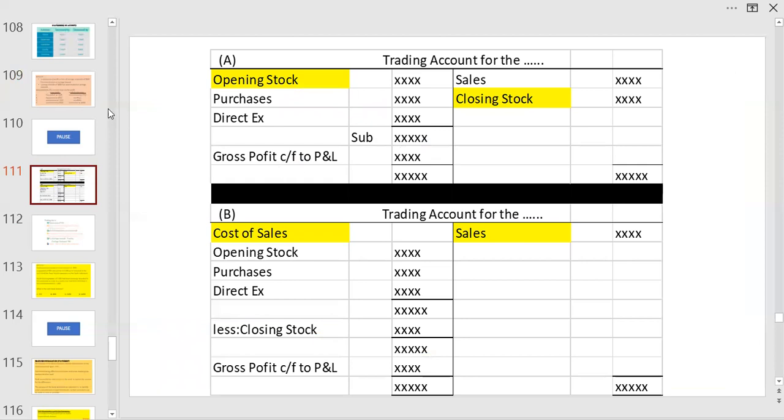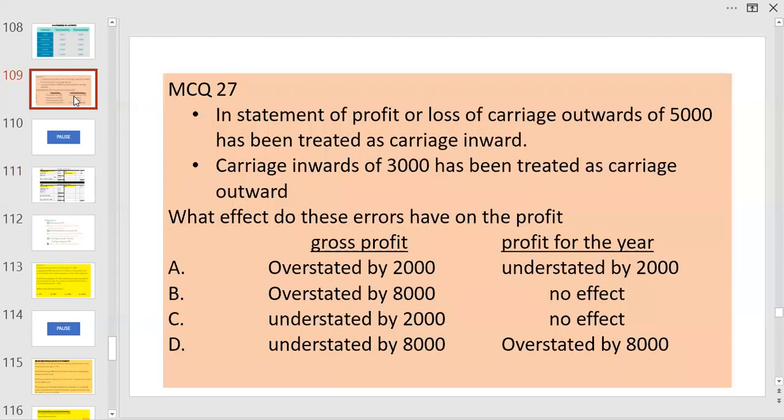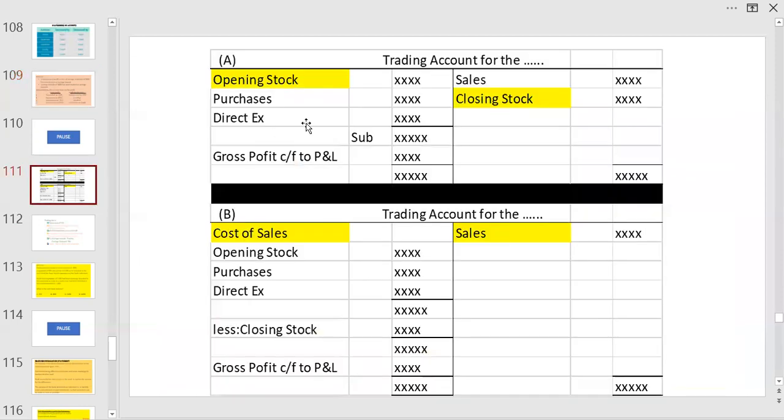Now the next one is carriage inward. 3,000 has been treated as carriage outward. What they did is, an expenditure which is to be shown here has been shown in the profit and loss account, not here, not as a direct expenditure.